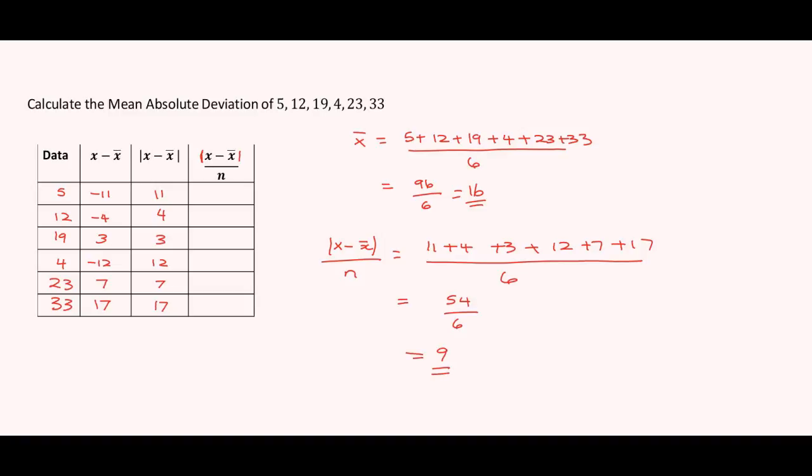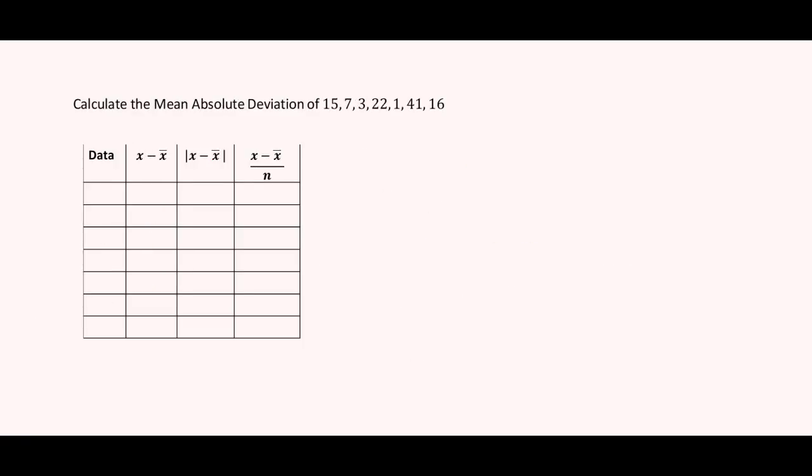So the mean absolute deviation tells us that, on average, the numbers in the distribution are about 9 units from the mean.